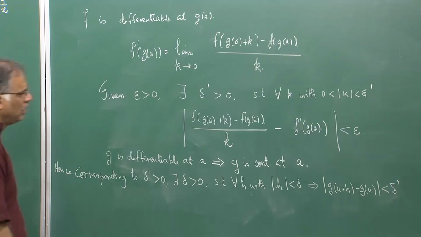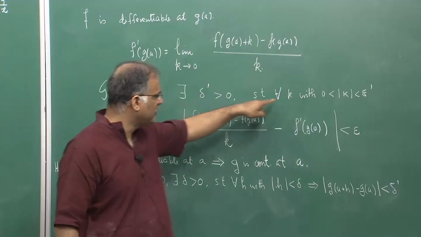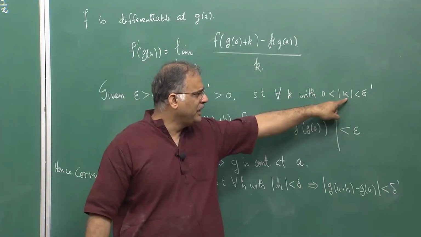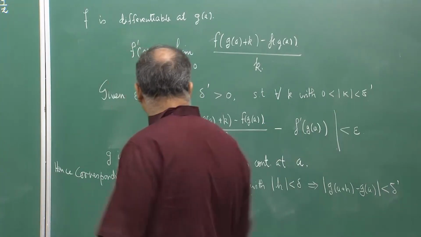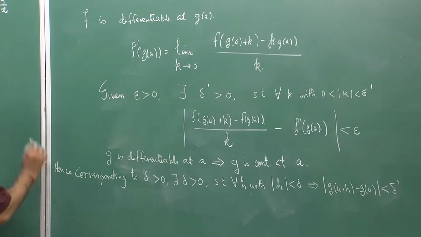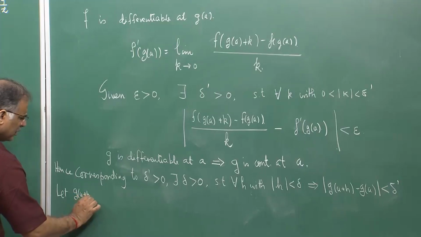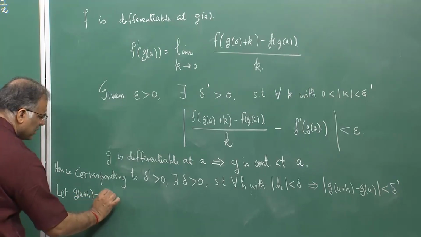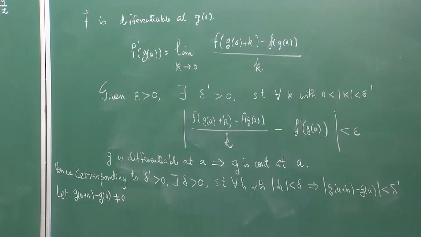Now, this fact, that given epsilon there exists delta dash for which this holds, is true for any k which satisfies this. Now assume that g of a plus h minus g of a is not equal to 0. A student asks: Sir, there can be equality there, 0 less than or equal to mod k?